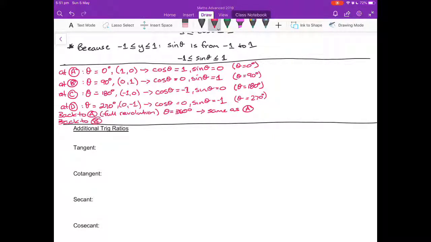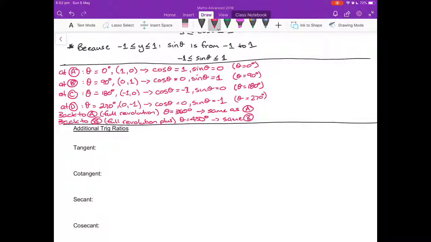Back to B, we've got a full revolution around plus 90. All right, theta is now 450 degrees. So you can see there, we've even gone outside the confines of our circle. But it's the same as B above.